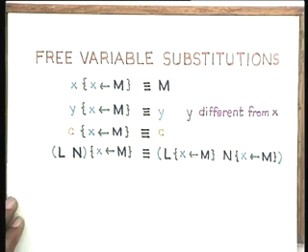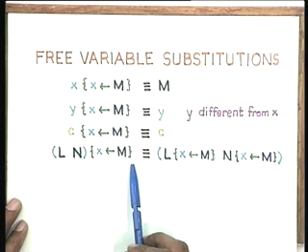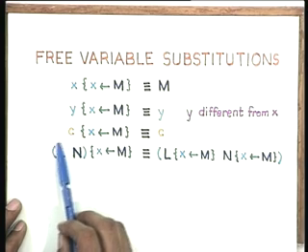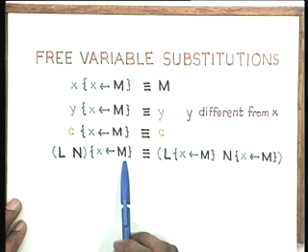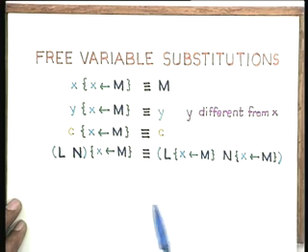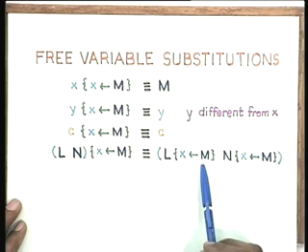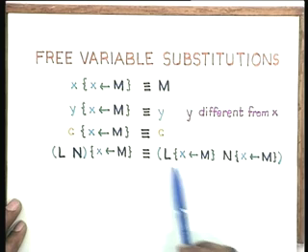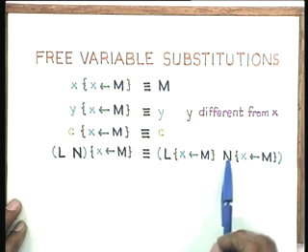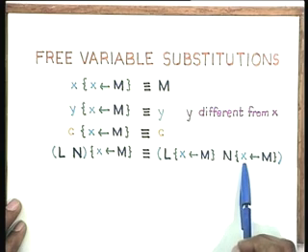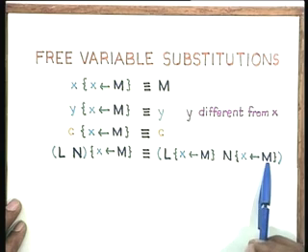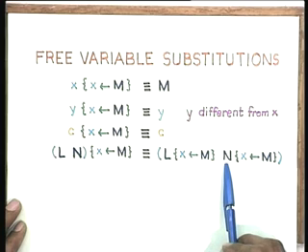If it is an application of L to n, then the effect of this substitution is to replace all free occurrences of x in this application by m, and that works out to replacing all free occurrences of x in L by m and applying the resulting lambda term to the term obtained by replacing all free occurrences of x by m in n, right.